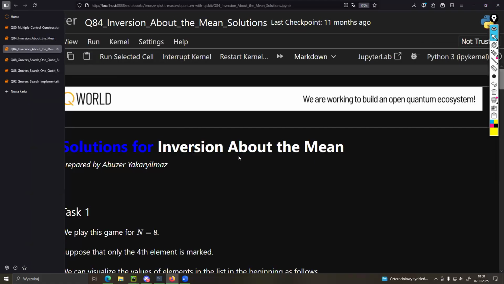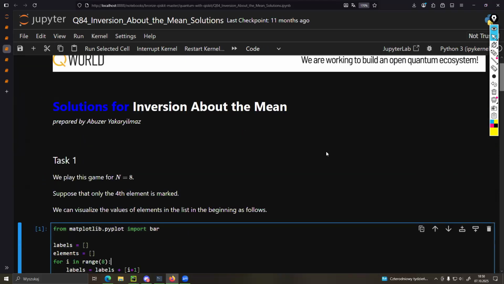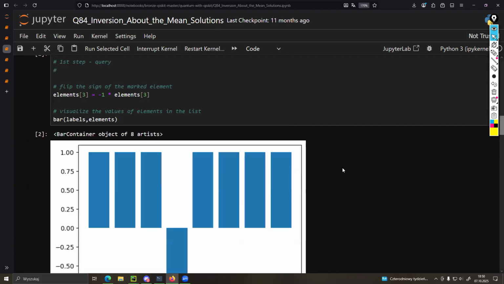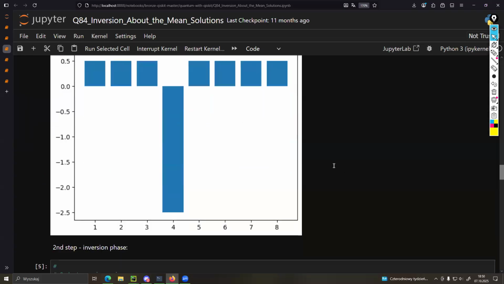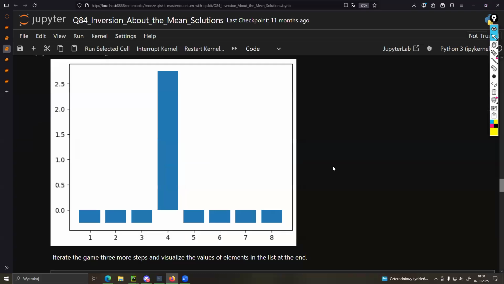I will jump into this solved notebook to give you the idea of what we actually do when we apply this way more than just a single time. So here, as you can see, this is after the second time, right?